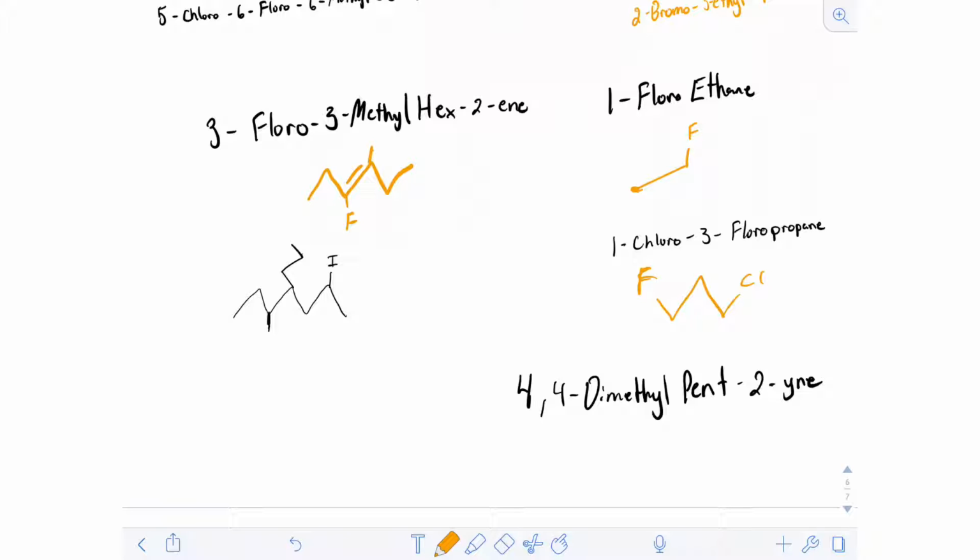And then for this compound, or the structure over here, we've got 2-iodo, 4-propyl, 5-methylheptane.